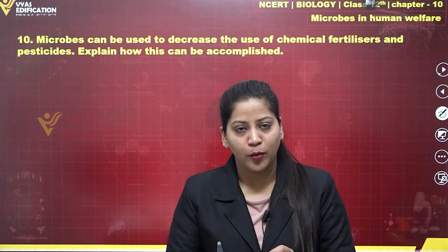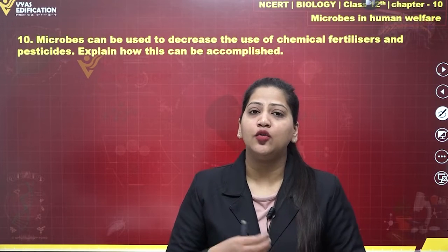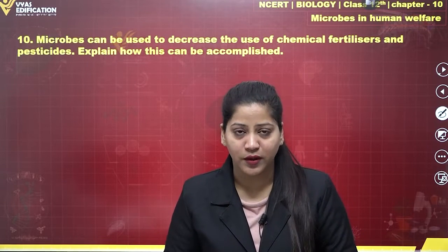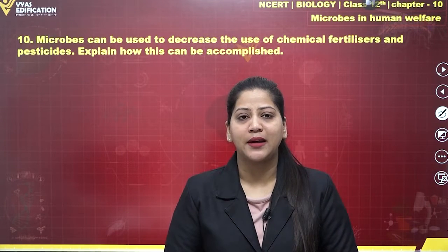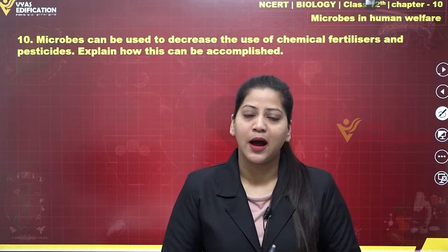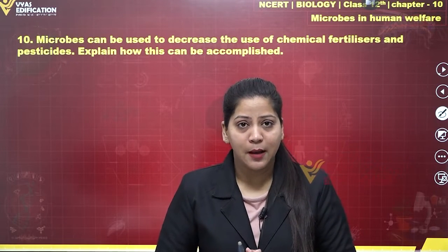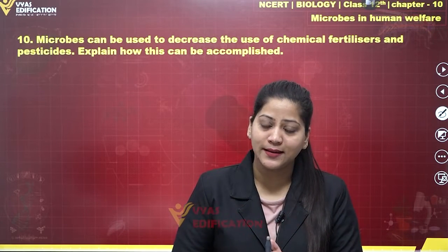That means they are also fixing nitrogen into another form so that plants can use it. But they are free living bacteria, whereas rhizobium is found in symbiotic association with the higher plants.